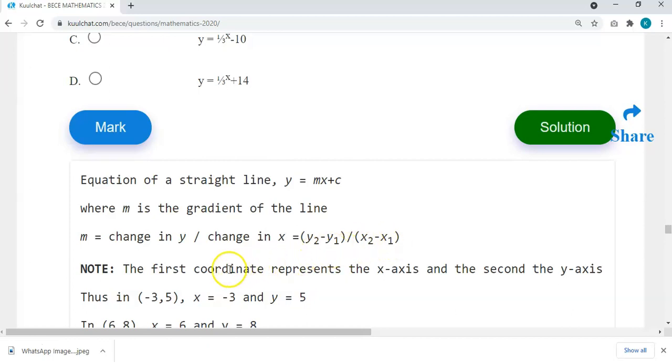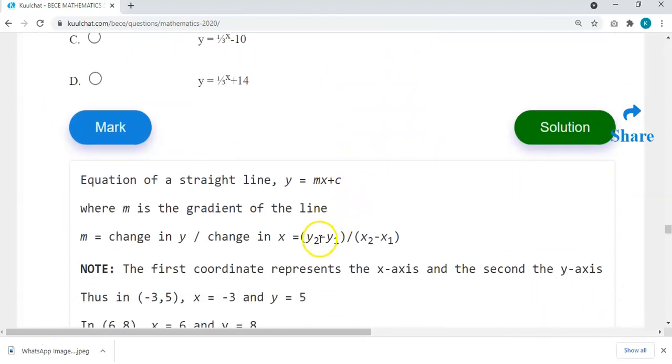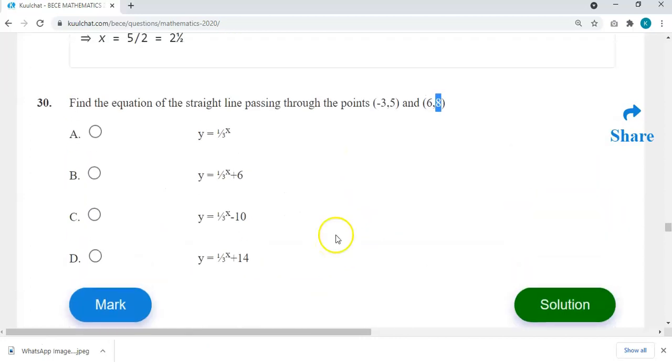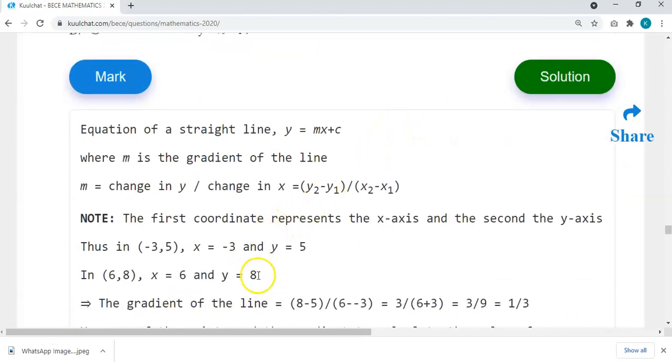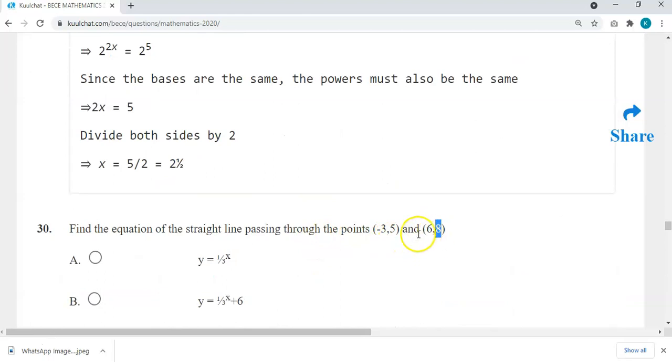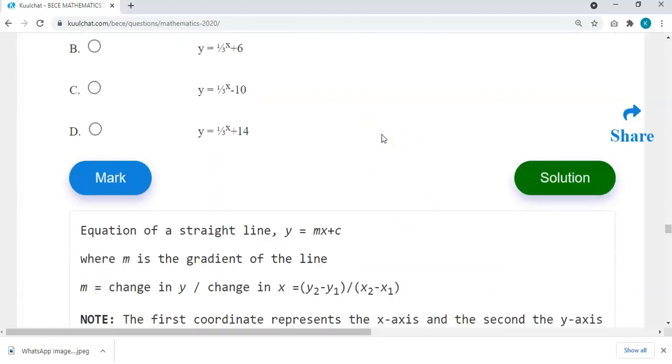Okay. So first, you should also know your x and y coordinates. The first one is for x and the second one is for y. So here our x is -3, and y is 5. And here our x is 6, and y is 8. So if you are using this formula, y2 minus y1, this is our y2, this is our y1. So you can have 8 minus our y1, which is 5, divided by our x2, which is 6, minus our x1, which is -3.